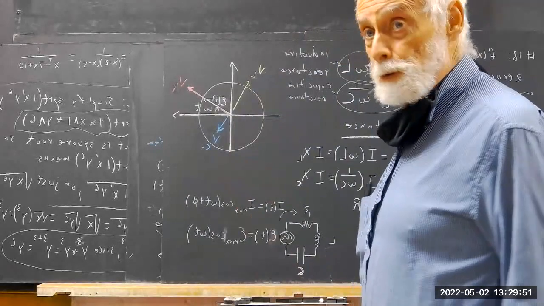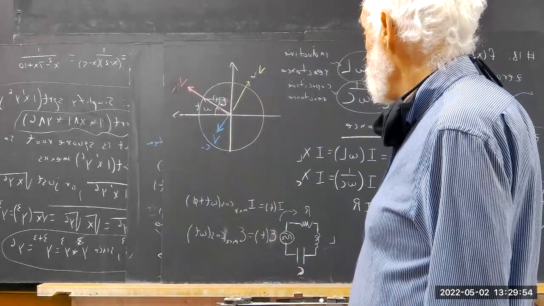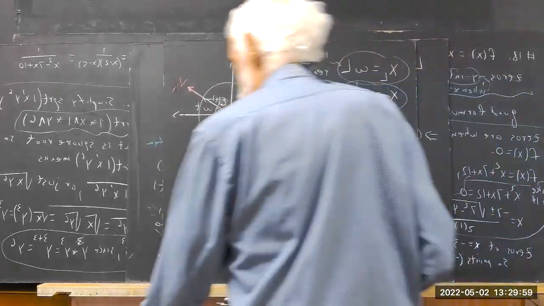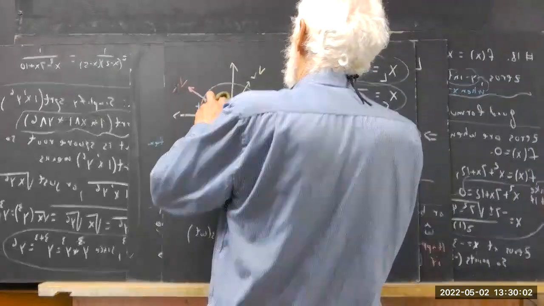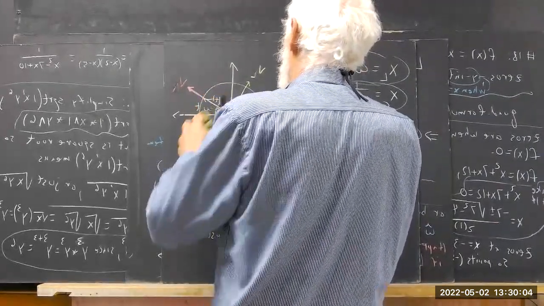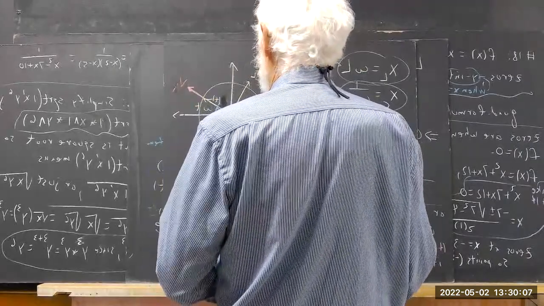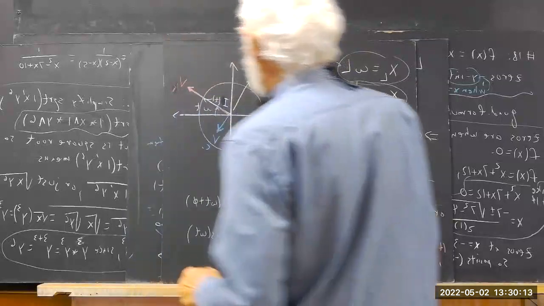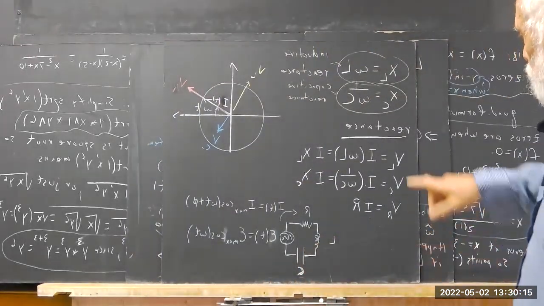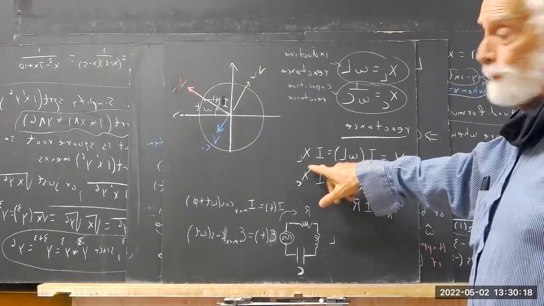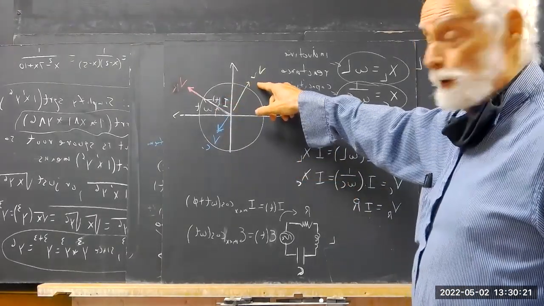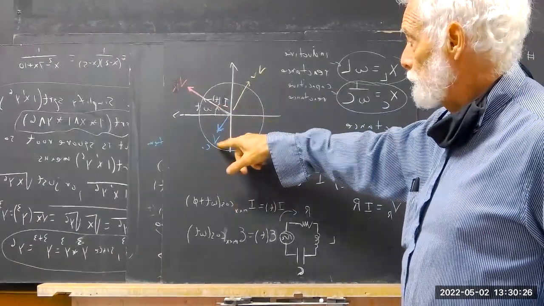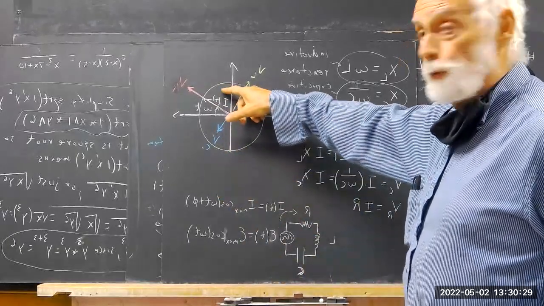Now, what's the net voltage? And also, being careless is out. This is your current, not your voltage. So this voltage through the inductor is 90 degrees out of phase with the current, and the voltage across the capacitor is 90 degrees out of phase with the current.